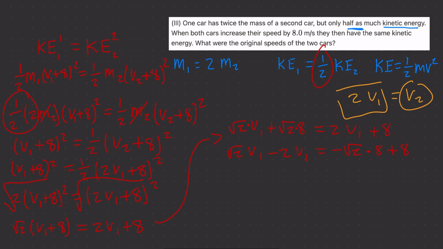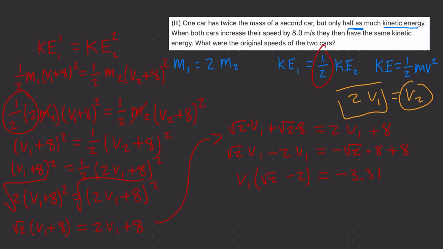And then I can factor out a V1 here, so I have V1 times root 2 minus 2 is equal to whatever this is all equal to, and if we grab a calculator, we can solve that pretty quickly. Negative root 2 times 8 plus 8 is equal to negative 3.31, roughly.